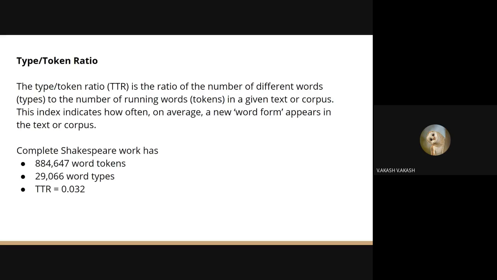If you take the complete Shakespeare works, there are a total of 884,647 word tokens, but only 29,066 word types, which translates to a type to token ratio of 0.032. This basically says that if TTR scores are low, then we have a tendency to use the same words more in the conversation, and if it's high, a tendency to use different words.